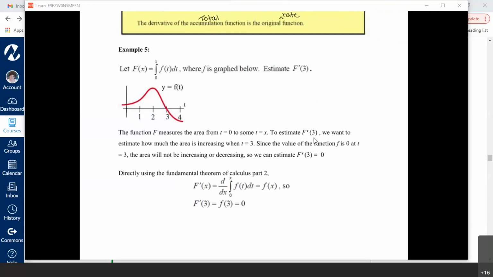To estimate F prime of 3, we want to estimate how much the area is increasing when t is 3. And the value of the function f there is 0, so it won't be increasing or decreasing. So F prime of 3 is 0. You can see that little f of 3 is also 0. So this means the area isn't increasing or decreasing.